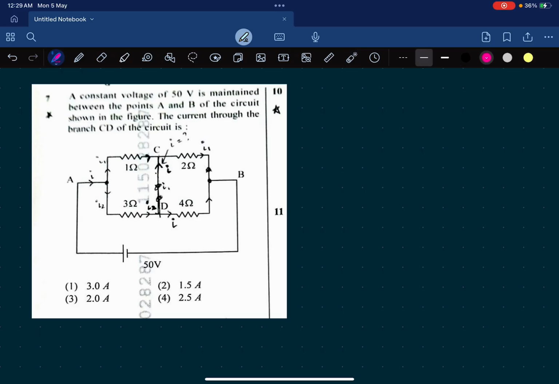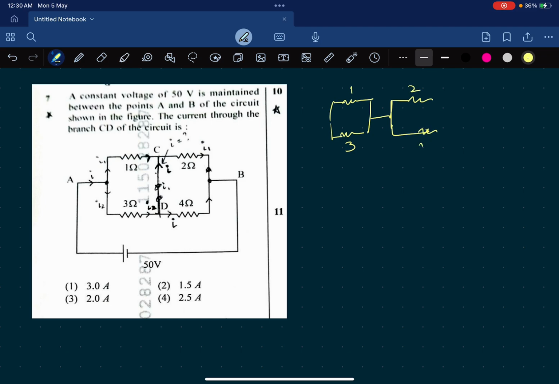So what we will do, let's calculate through division of the current. And for that purpose, we need to know the total current first. So we will first calculate the equivalent resistance of this circuit by considering this to be a point. If we do so, it will be like this. This is, let's say, 1 ohm. This is 3 ohm.